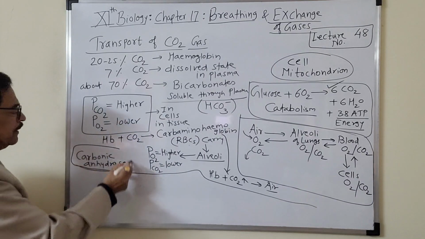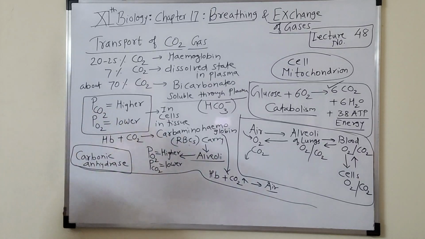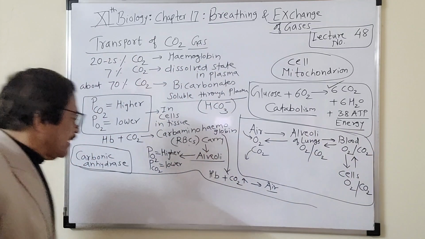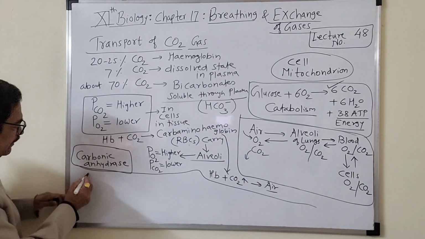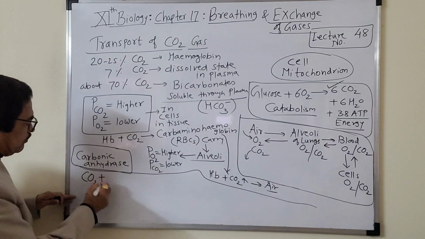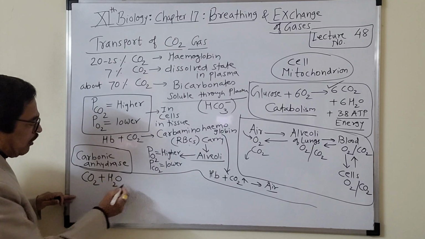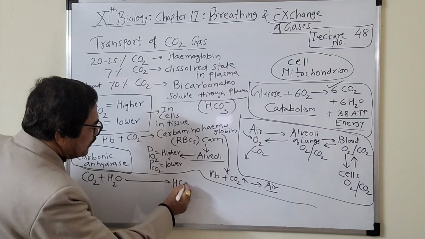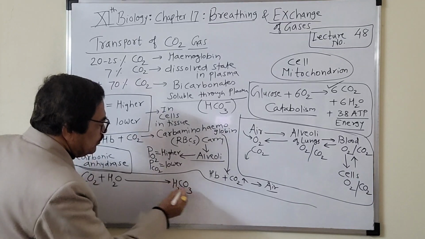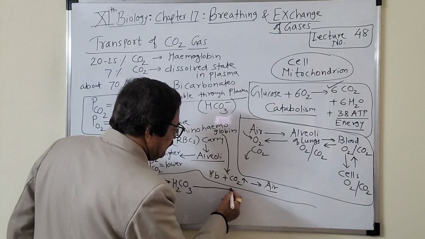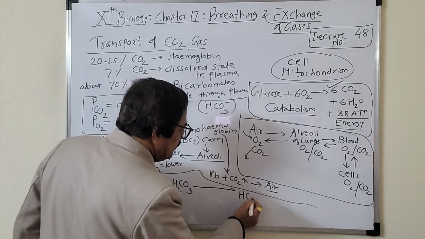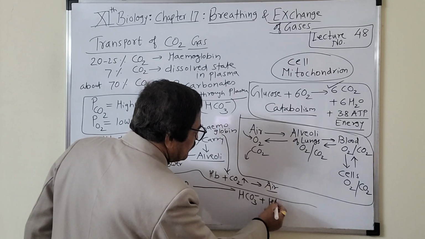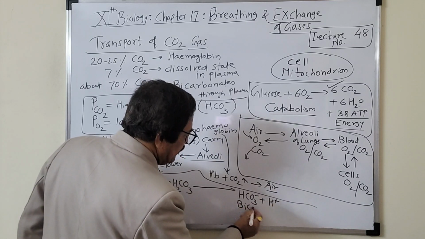Okay, this is present in higher amounts in the RBCs and in lower amounts in the plasma, but that is very very essential. ये क्या करता है? देखो, what happens there in tissues when pressure of CO2 is more, it will combine with water to form what? To form H2CO3. फिर H2CO3 will form what? Will form HCO3 minus and what is that? H plus. And these are bicarbonates.